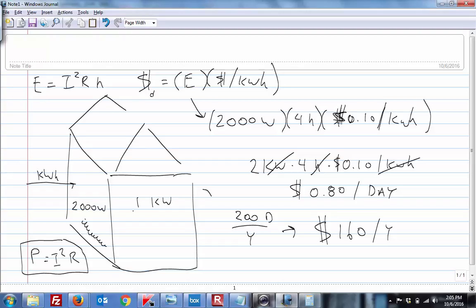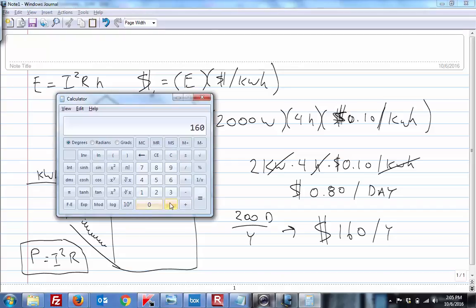What's 140% of 80 cents? Let's see, 0.8 times 1.4 is $1.12. That's how much you're producing if you're paying 10 cents per kilowatt hour.